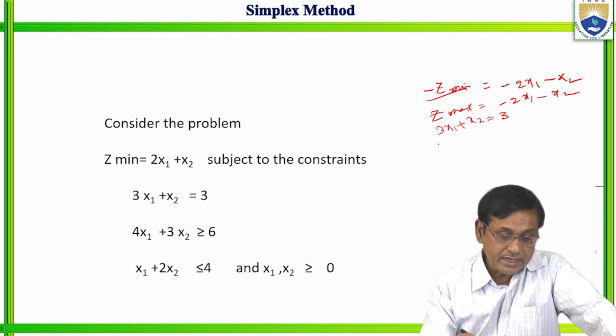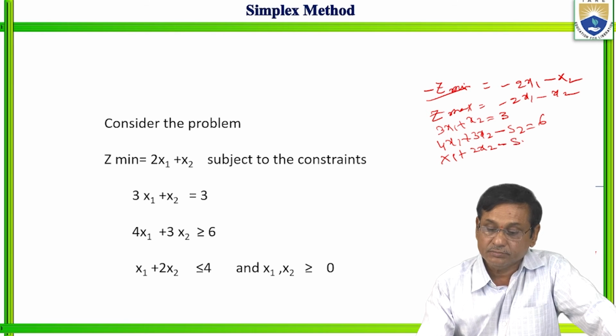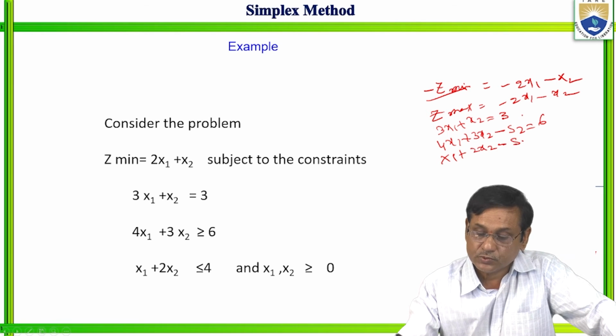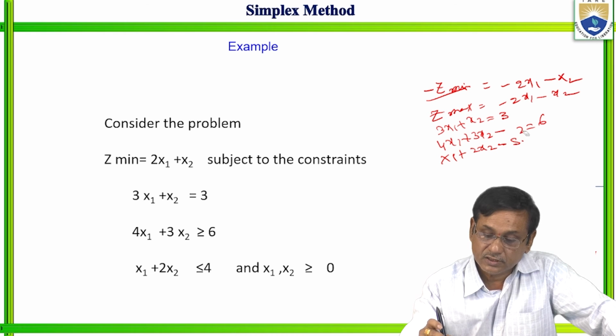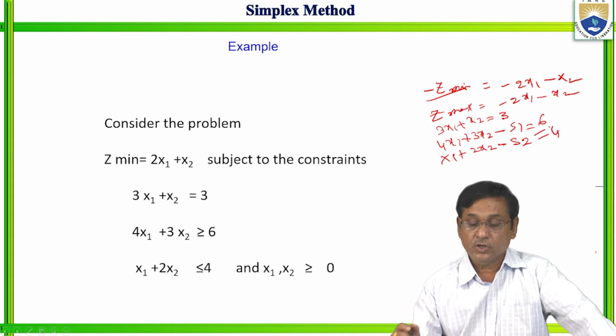And the second equation, 4x1 plus 3x2 minus s1 is equal to 6. And x1 plus 2x2 plus s2 is equal to 4.